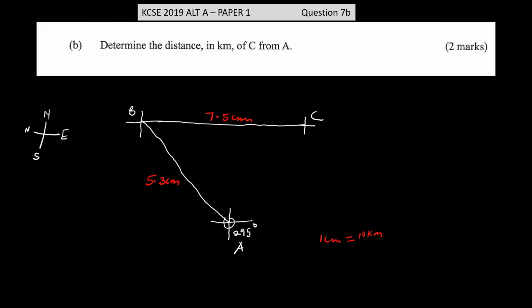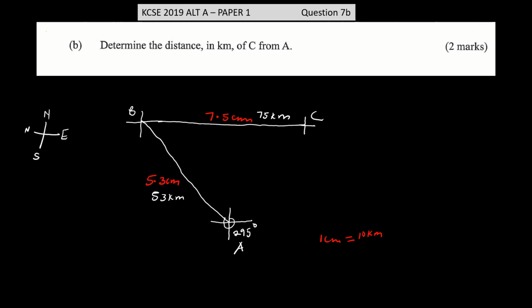The B part of question 7 states, determine the distance in kilometer from A to C. To do this, to make things easier for us, it's better we work with kilometer right from the beginning. So I'm going to change this to 53 kilometer and this to 75 kilometer.